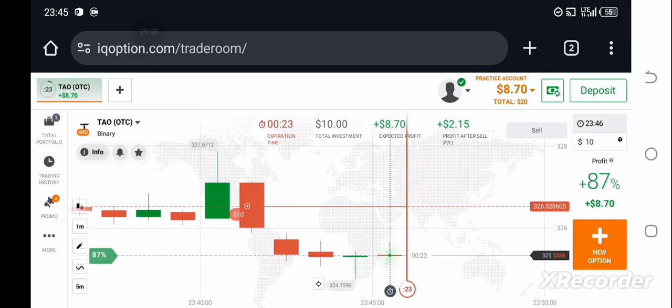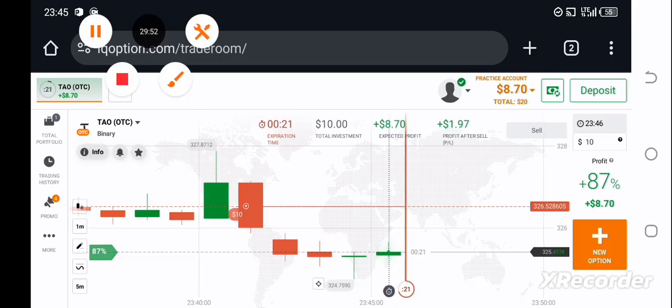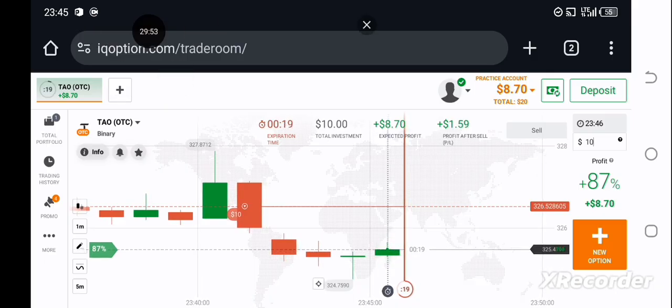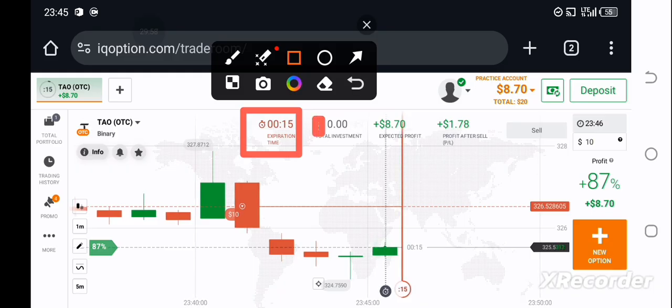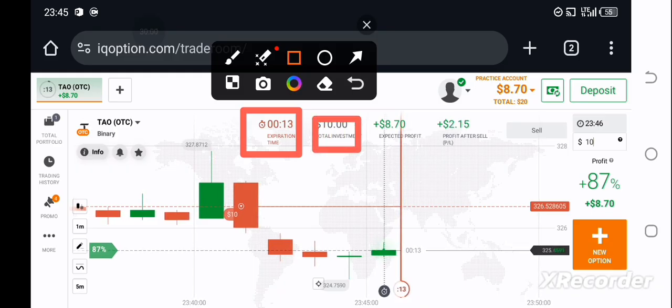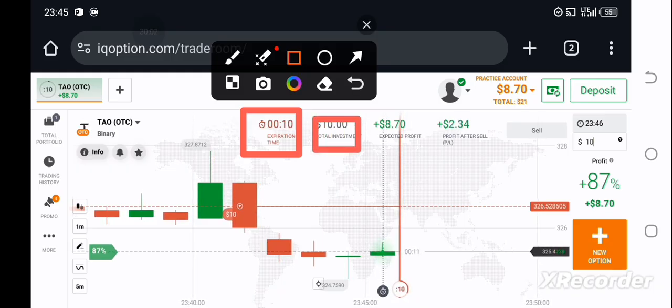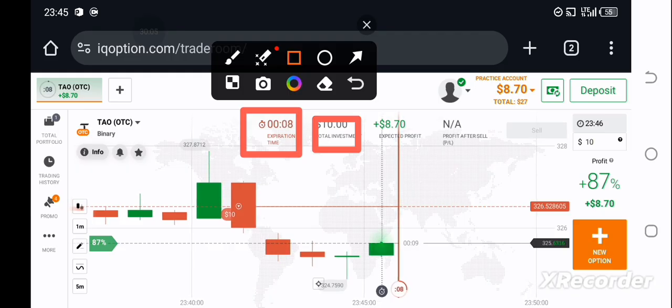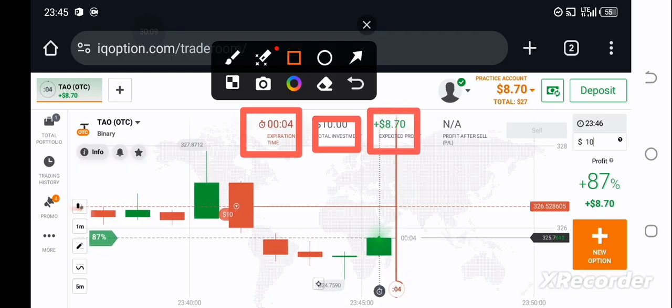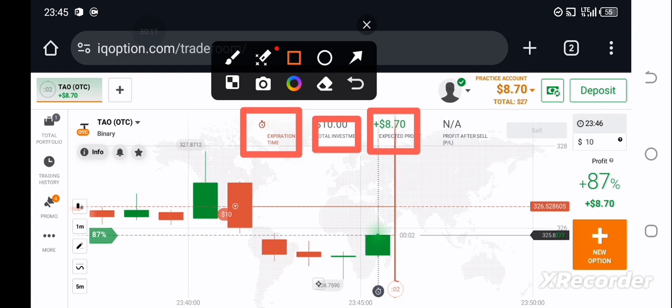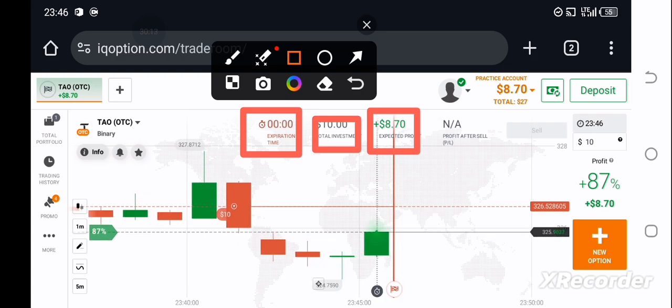You can see here it is written expiration time, 17 seconds. This has a total investment of $10, with a profit of 87%. So 87% of $10 is $8.7. Okay, so you can see that the trade closed.